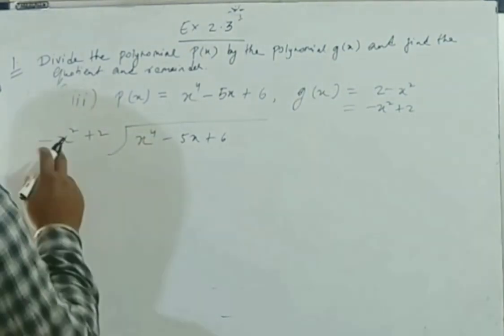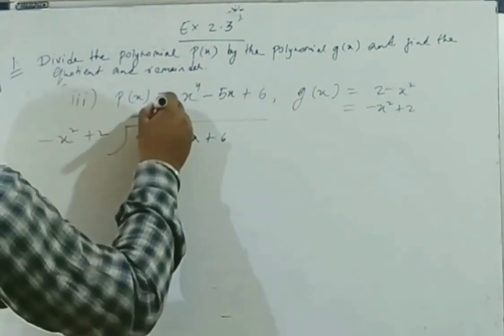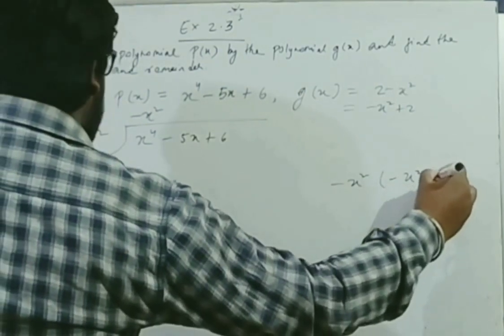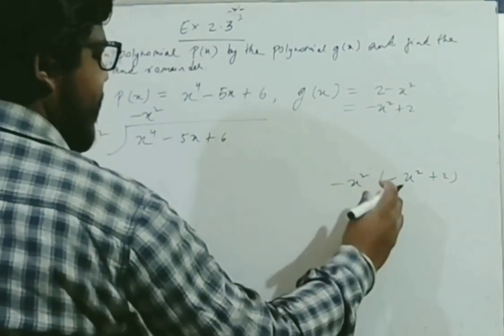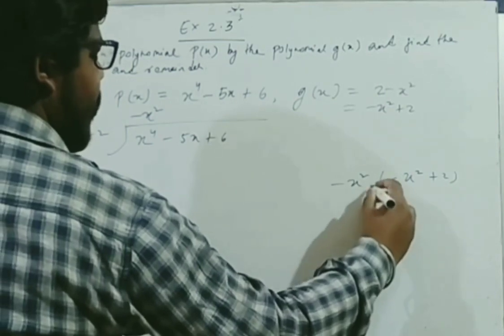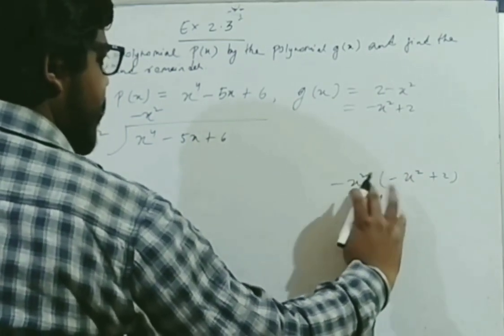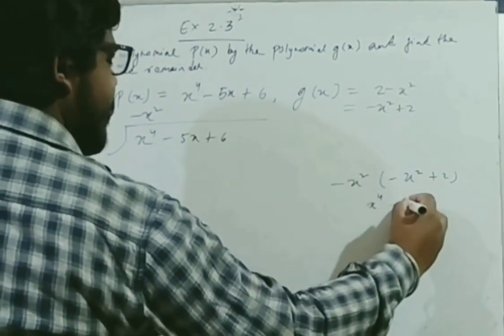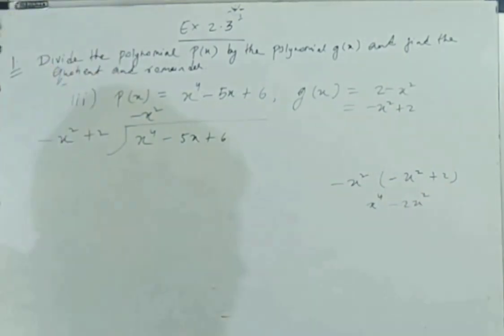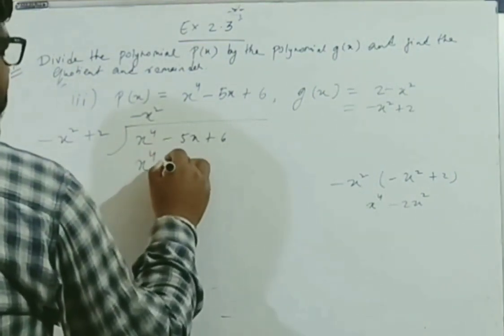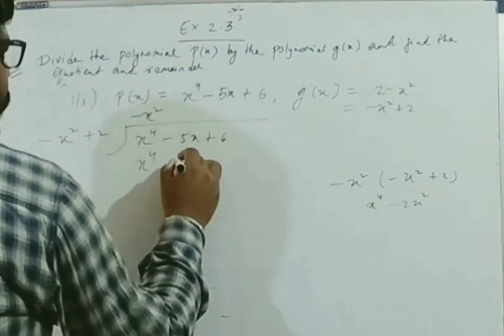So what do you have to do? Minus x square you have to use. If you multiply minus x square with this, minus x square plus 2, so minus minus plus, then x to the power 2 into x to the power 2 is x to the power 4. Then plus, then minus into plus, minus 2x square. Okay. So x to the power 4 and minus 2x square.